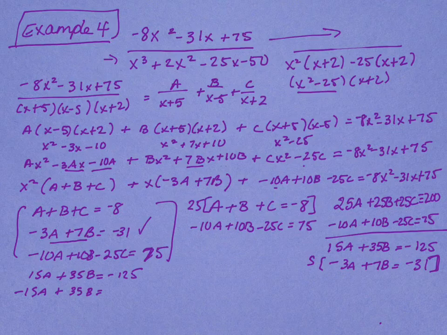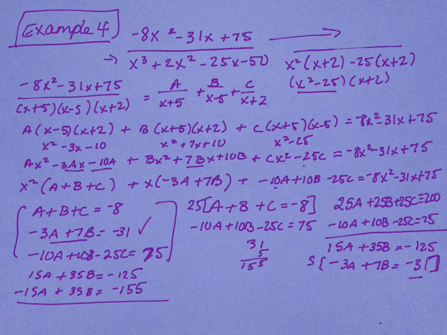So let's see, 31 times 5. 31 times 5 is 155. So equals, and this was a -31, so -155. Shoot, lots of places to make mistakes.